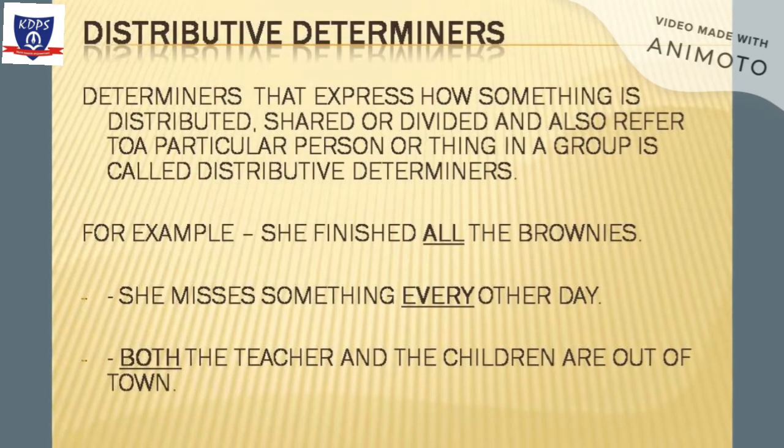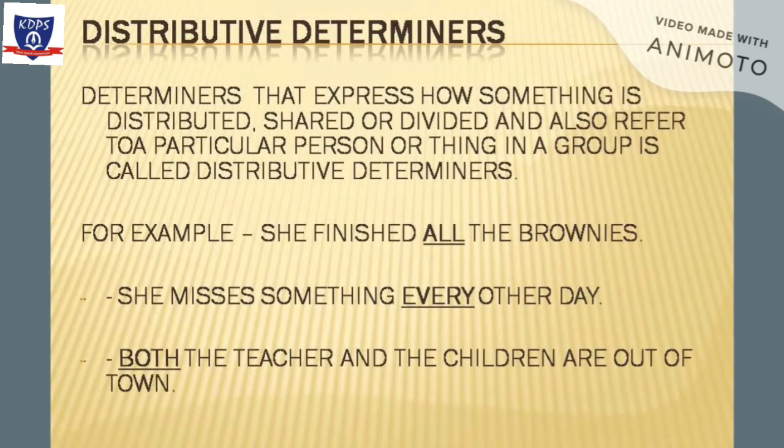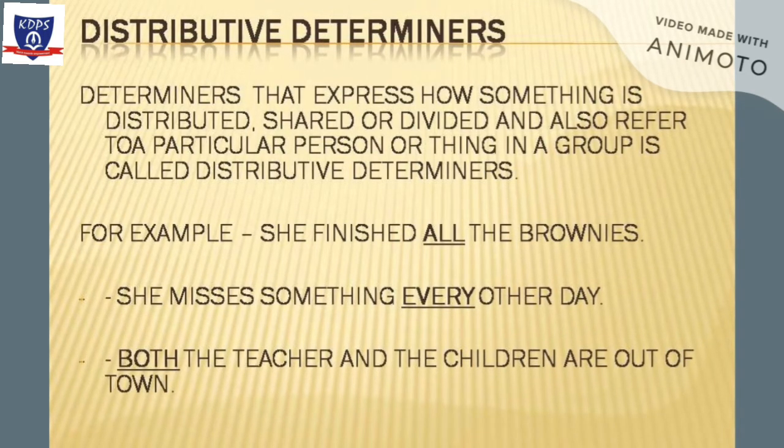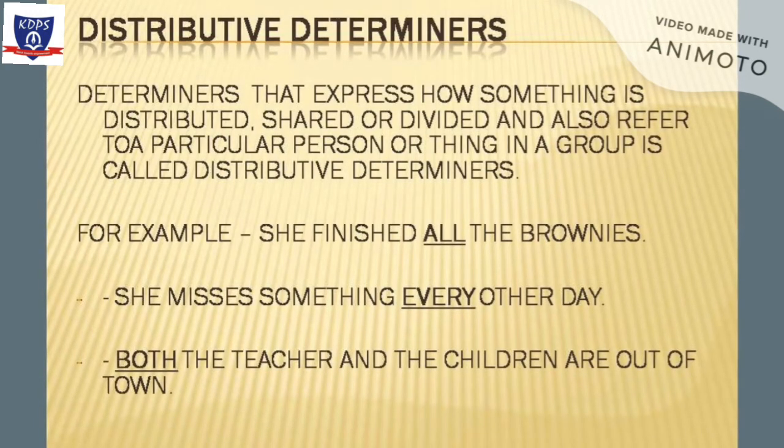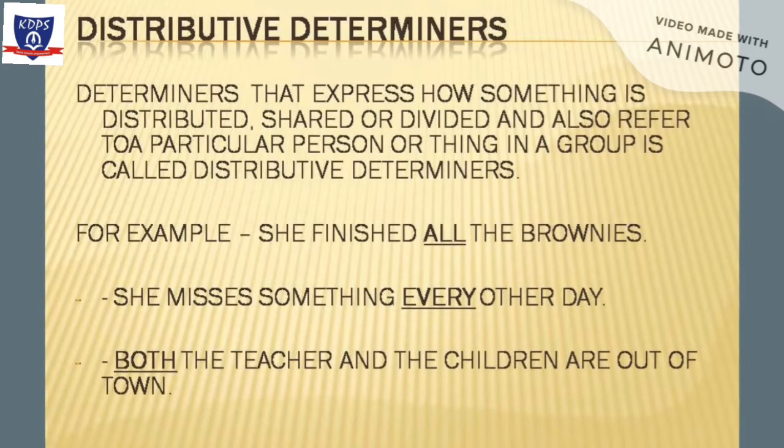Next is, Rana misses something every other day. तो यहाँ पे क्या कहना है कि राना जो है वो कुछ ना कुछ भूल जाती है every other day, मतलब हर रोज़ कुछ ना कुछ भूल जाती है. तो हम यहाँ किसके बारे में बात कर रहे हैं, राना के बारे में, लेकिन वो हर दिन कुछ ना कुछ भूल जाती है.